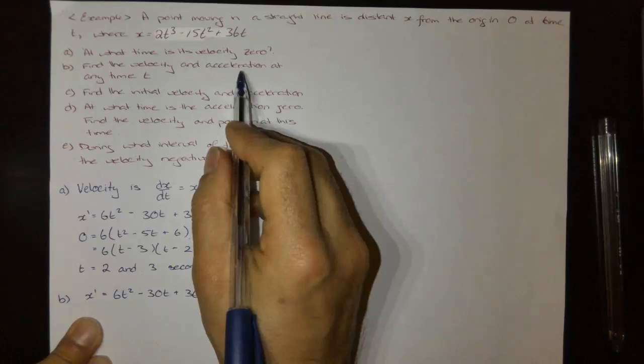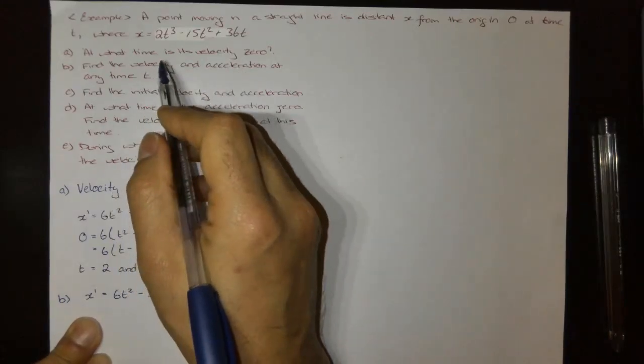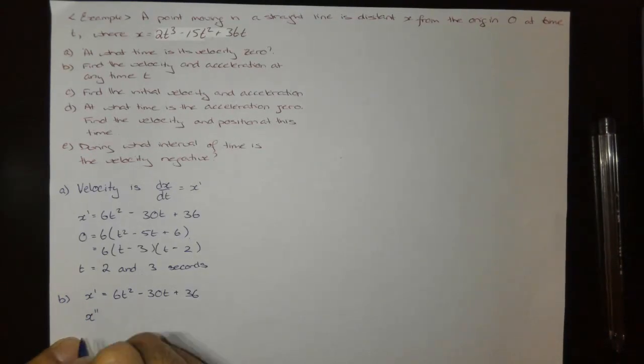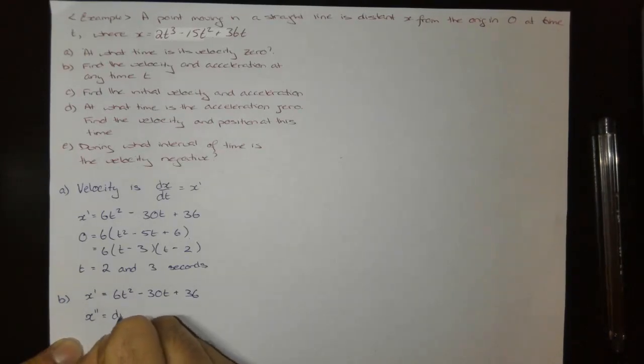Acceleration is the rate of change of velocity. So I'm going to write it as x double dash, or I could also write it as dv over dt, the change of velocity over time.